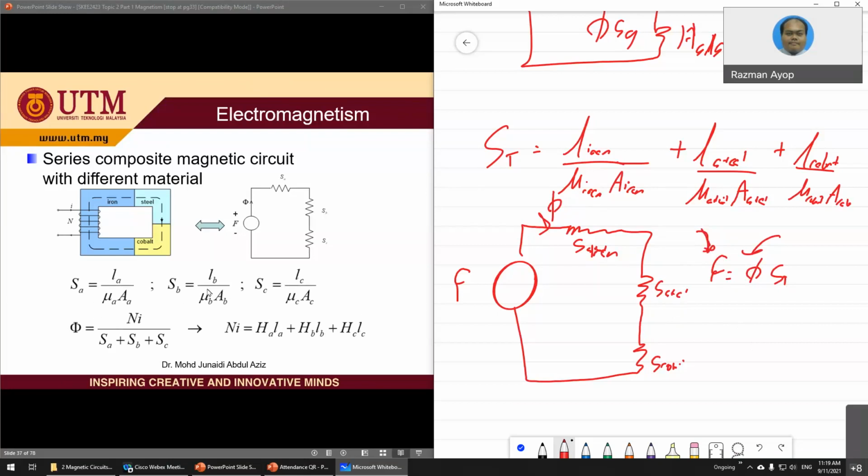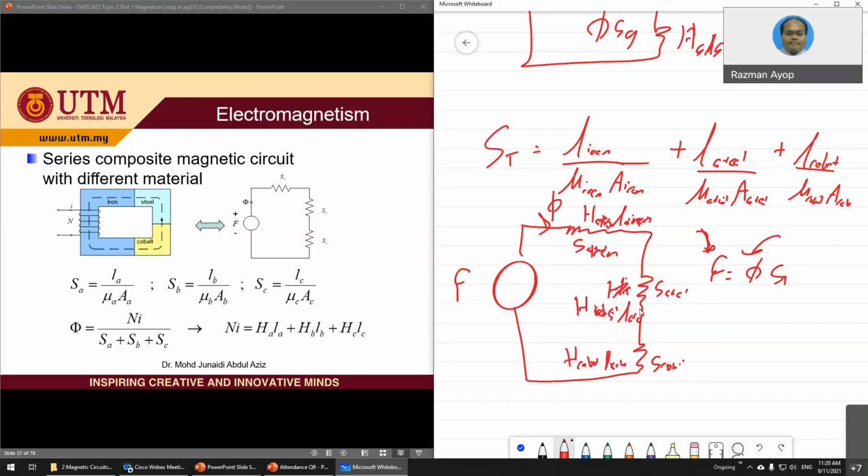So this one I already showed you. So basically it's something like this. And of course, if you don't have the information to calculate the reluctance, you can use H steel L steel, H iron L iron, H cobalt L cobalt.